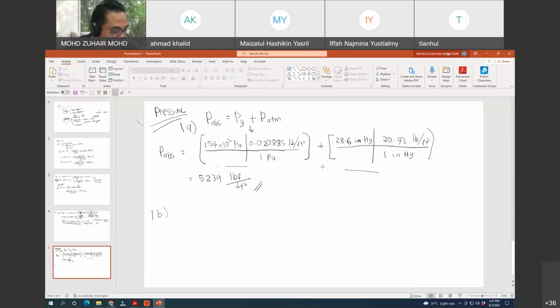For 1B, the question asked to change it in millimeter in inch mercury. So for inch mercury, the same thing, P absolute equals 1.54 times 10 power of 5 Pascal. 1 Pascal is equals to 2.953 times 10 power of negative 4 inch mercury.